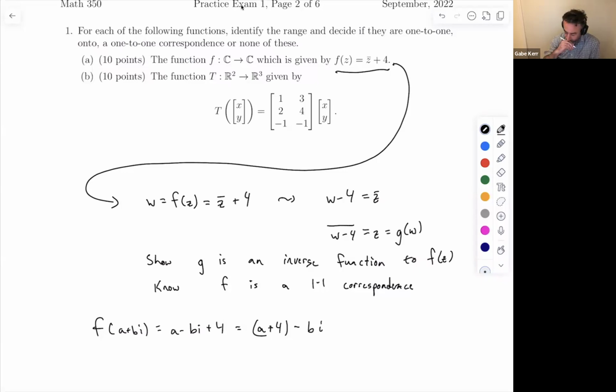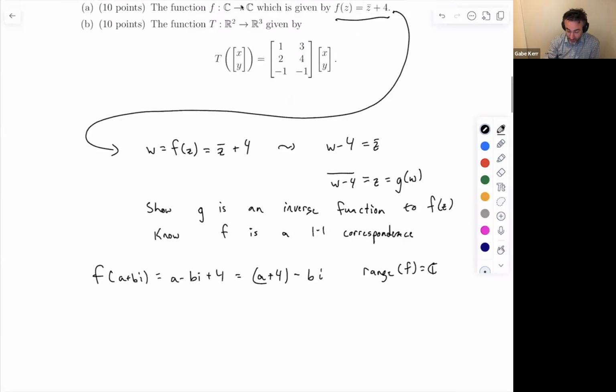It also asks for the range, but if it's a one-to-one correspondence onto, the range is just all of C. If you said it's a one-to-one correspondence, I may not even bother thinking about that.